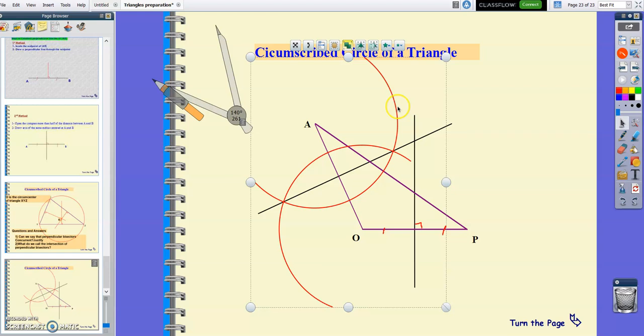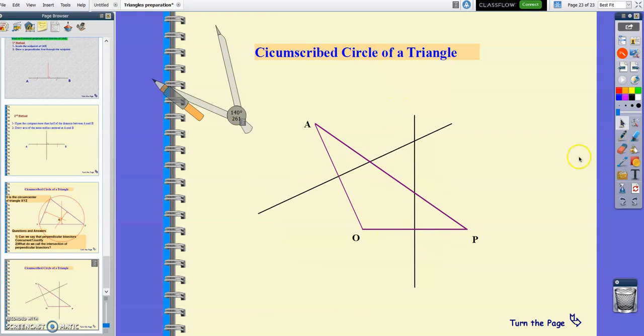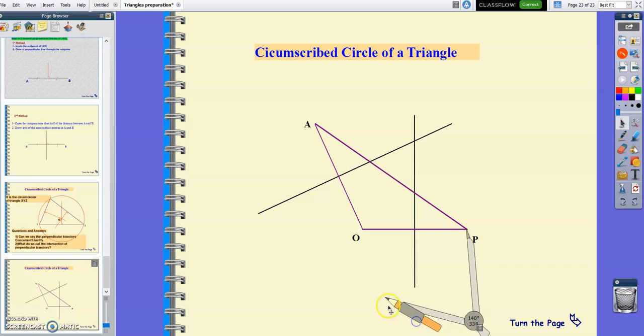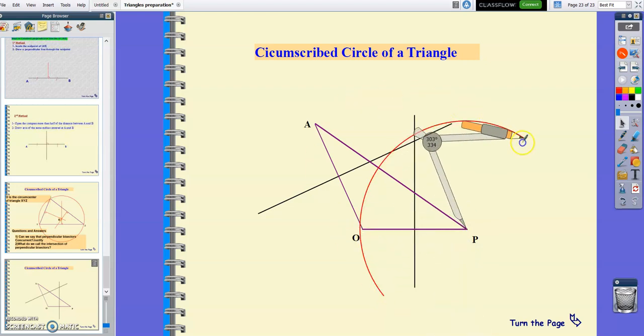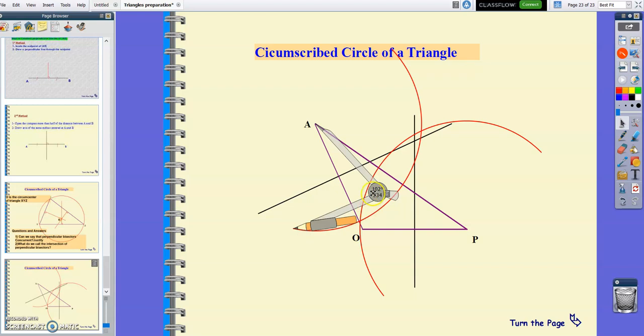Now we will erase the arcs. Then the perpendicular bisector of the segment AP, the same steps: put it on P, make it a bit bigger, draw the first arc, then put it on A, and draw the second arc.